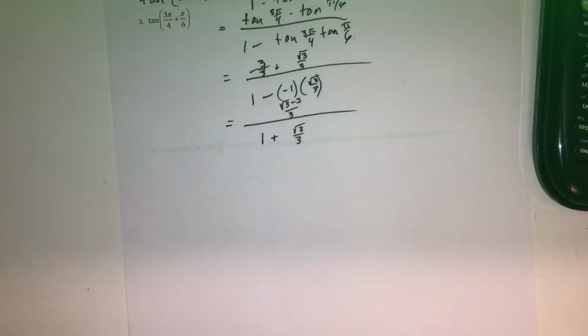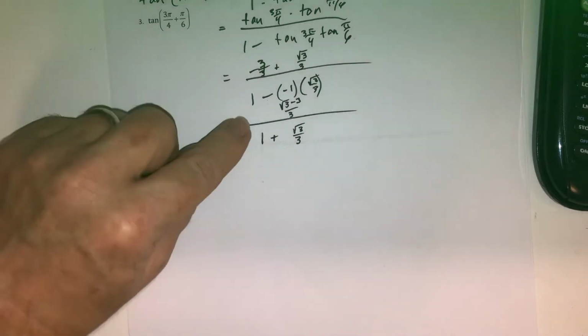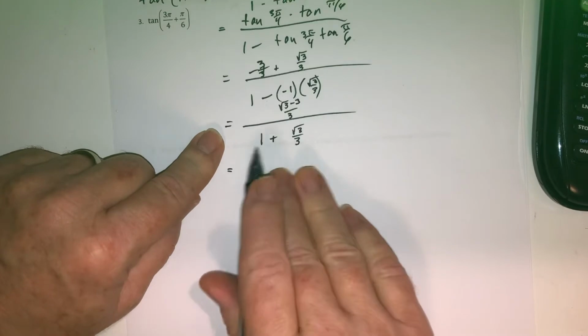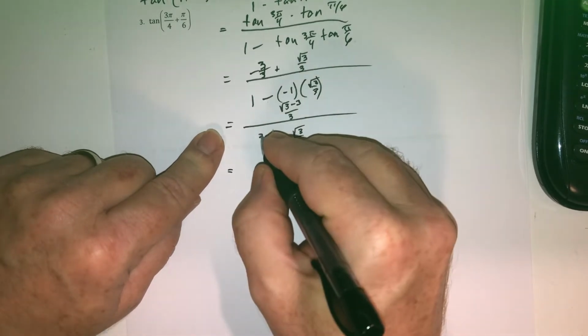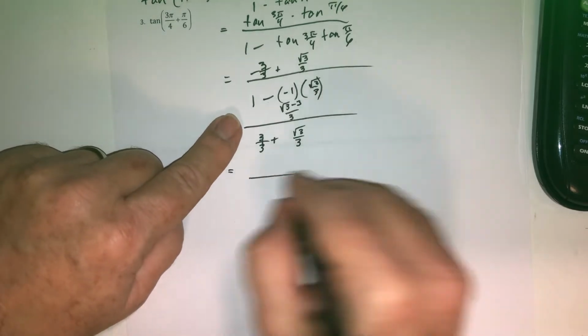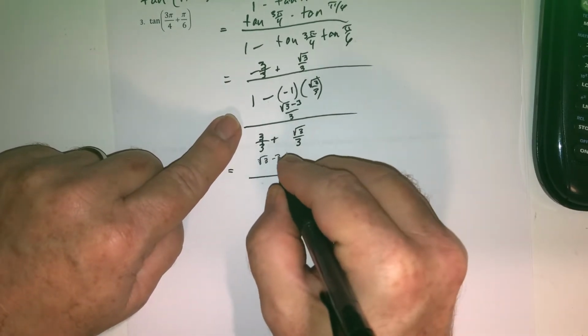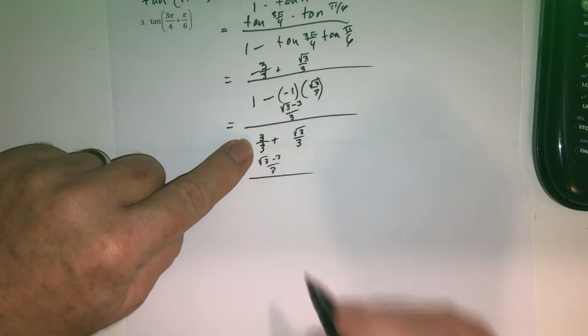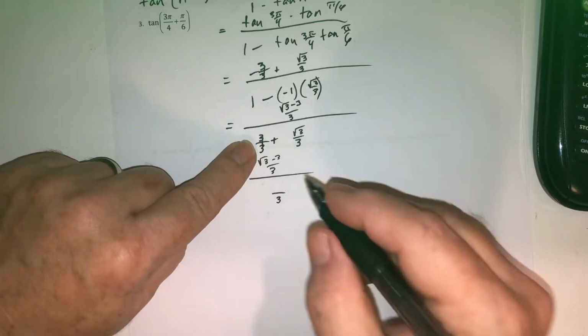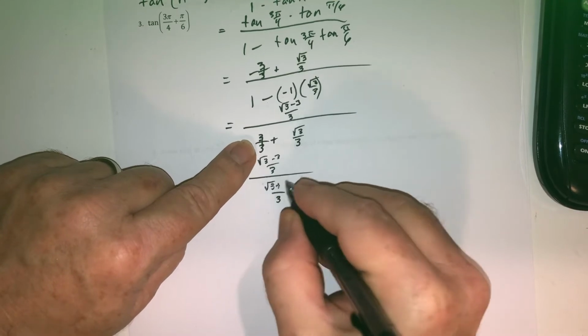All right, now I've got almost a complex fraction. I really need to simplify that denominator, and what I'm going to do is imagine 1 as being 3/3. My numerator is still the square root of 3 minus 3 over 3. And then my denominator will become a fraction with the common denominator of 3, and it would be the square root of 3 plus 3.